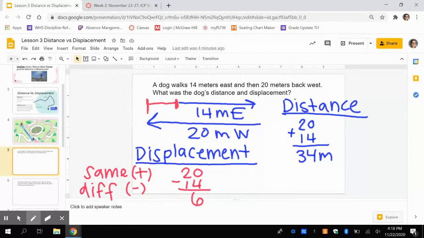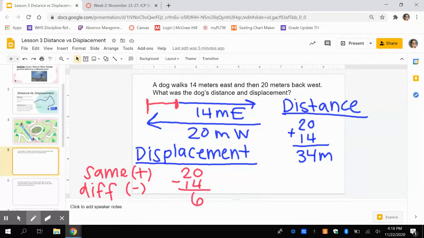So now with displacement, you have to say what direction he is in now. And the way you determine what direction he's in now is whatever he did the most of. So we want to look. He moved 14 meters east and 20 meters west. He moved more in the west direction.